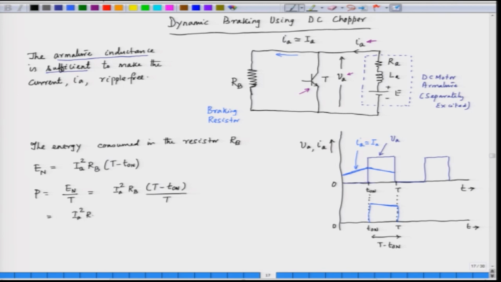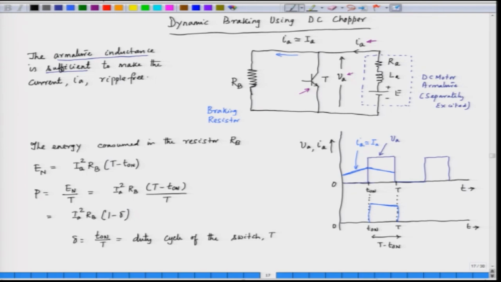Now, this can be simplified as I square R B into 1 minus delta, where delta is equal to T on by capital T, the duty cycle of the switch T. Now, what is the effective braking resistance seen by the motor?